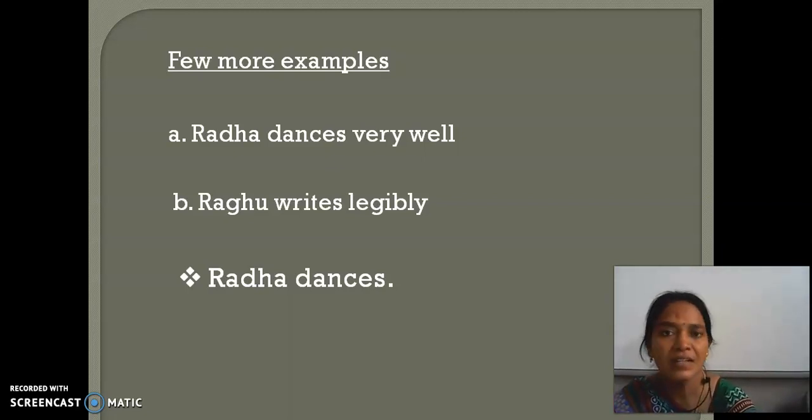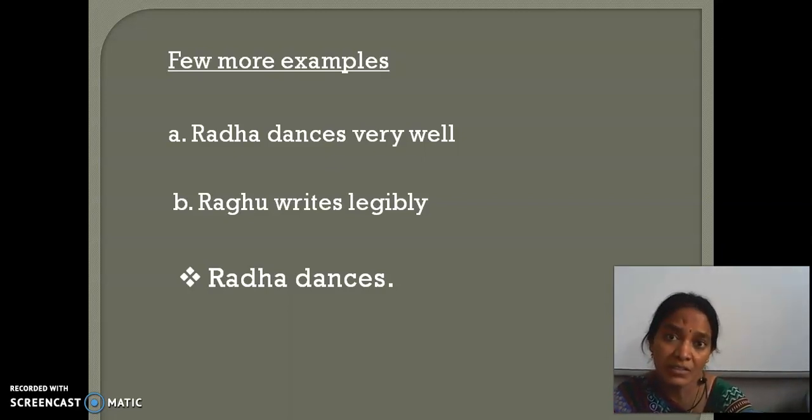Now coming down to the last sentence, just to inform you whether an adjective or an adverb is essential for us in a sentence. Will the sentence be complete without this additional information? Definitely a sentence is complete in itself without the help of adjectives or adverbs. See here, Radha dances. But it is too blunt, too simple. Just a statement. Now you want to know whether Radha dances well.